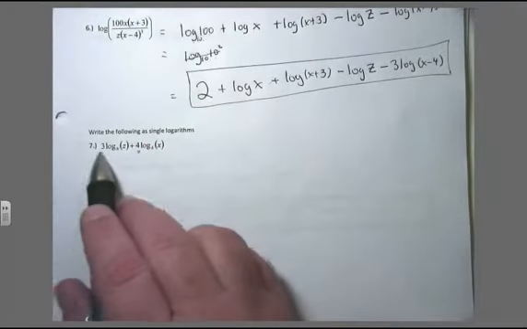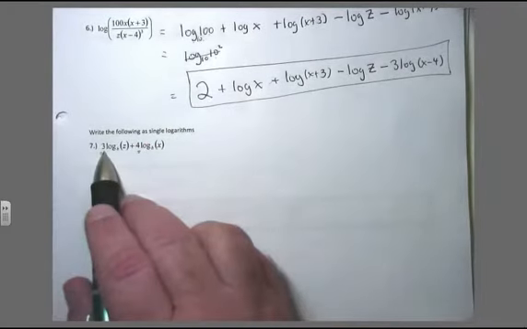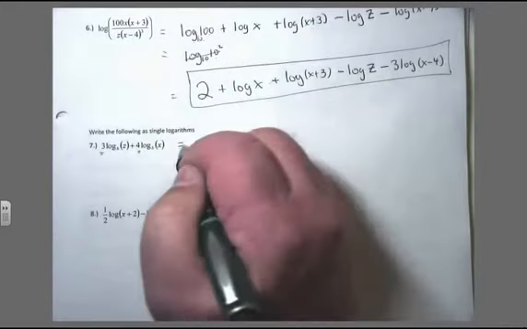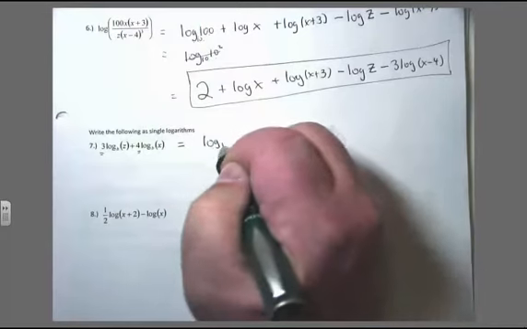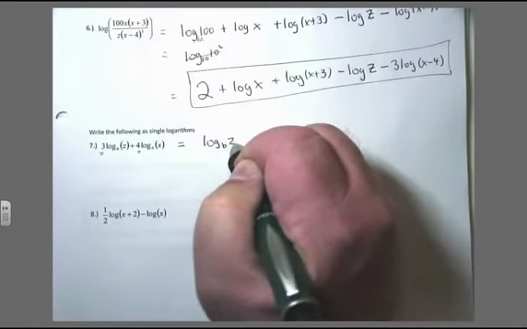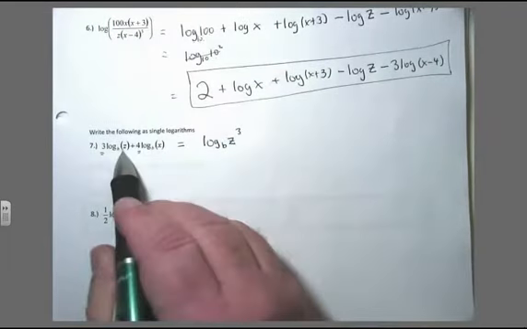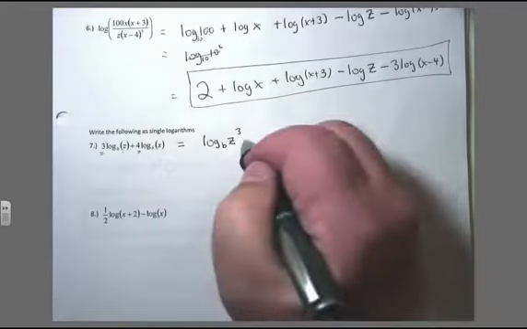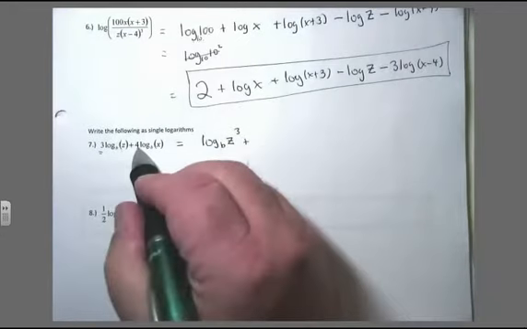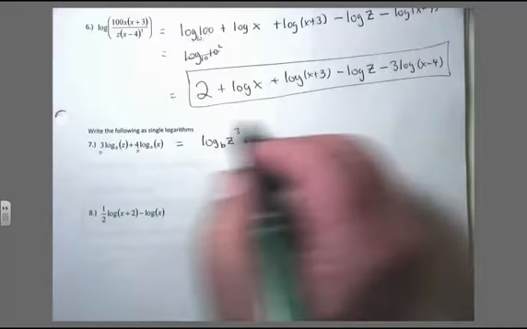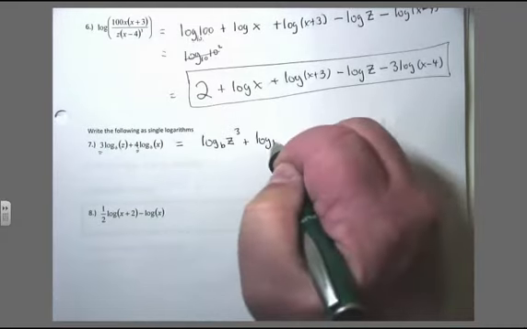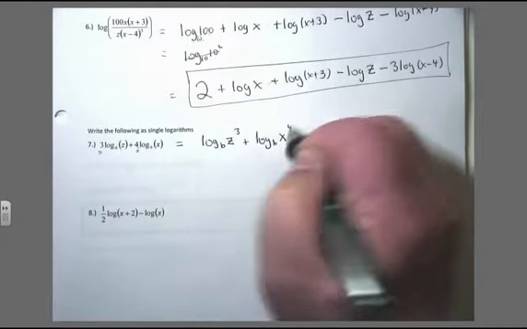I've got a 3 in front of the log. Where did this 3 come from, and how do I get him back to it? This would be equal to what? Log base b of z cubed, right? Plus, that 4 is a coefficient from the log. He must have come from the exponent on the x. So that'd be plus the log base b of x to the 4th.